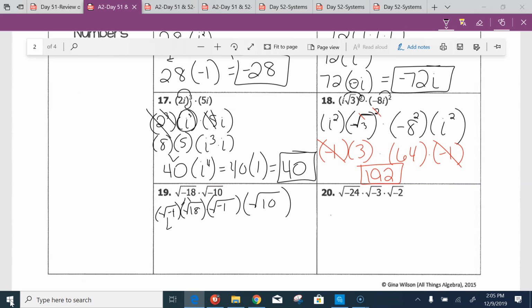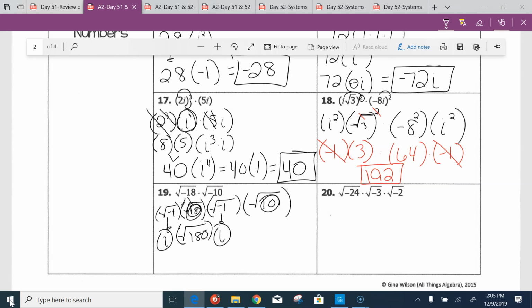I know the square root of -1 is i. Then I have another i over here. The square root of 18 and 10 now. I'm going to go ahead and multiply this 18 times this 10 to get the square root of 180 inside. So I have this happening now.